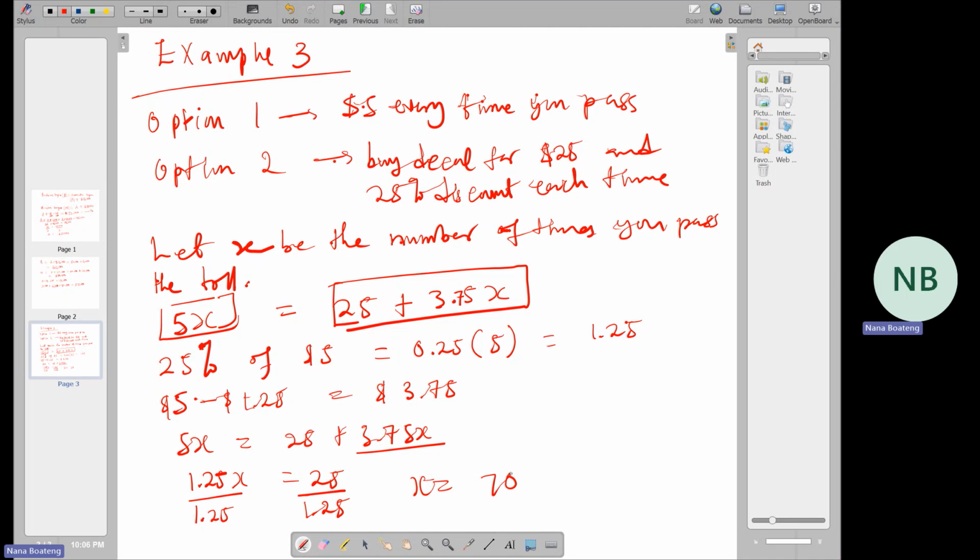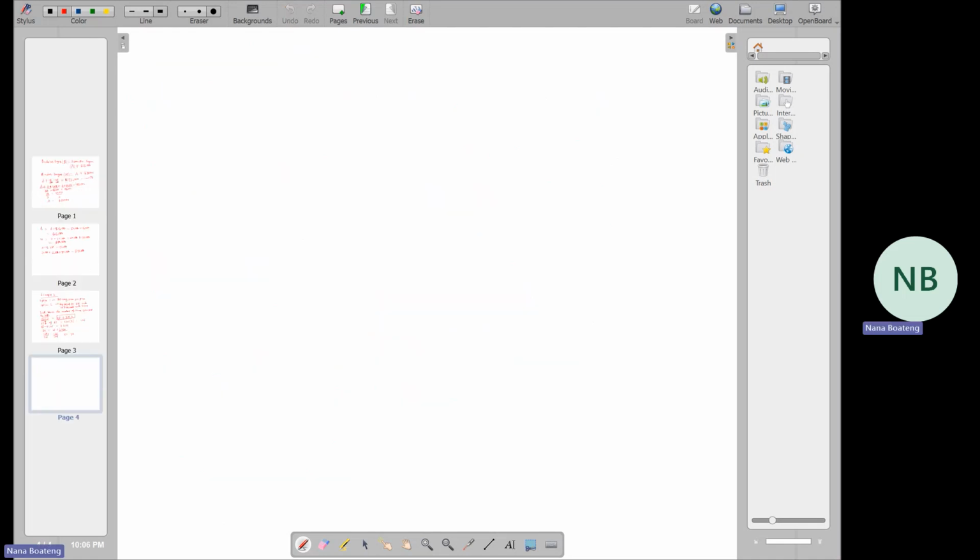So that means for option 1, which is 5x, at that point, it means the amount you would be paying before option 1 equals option 2 is 5x.